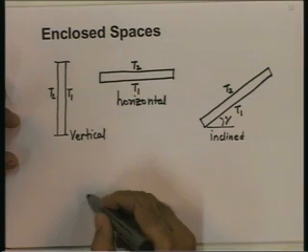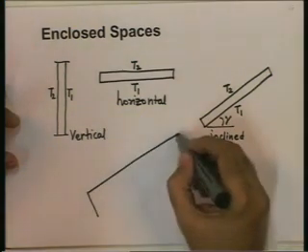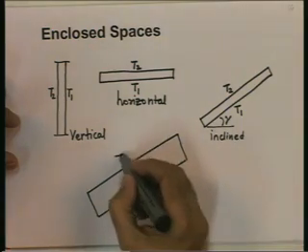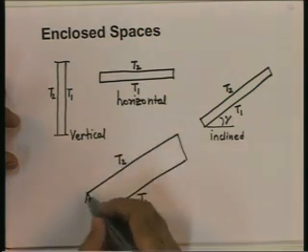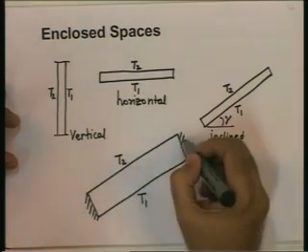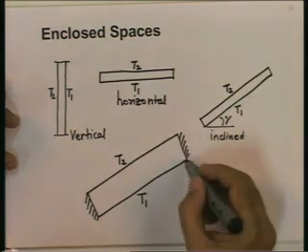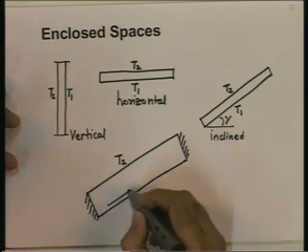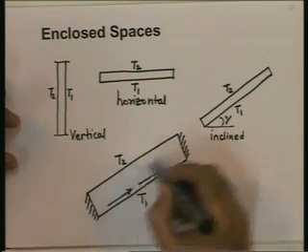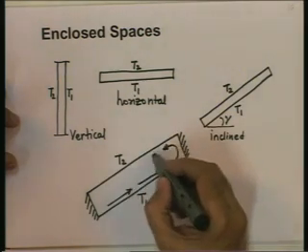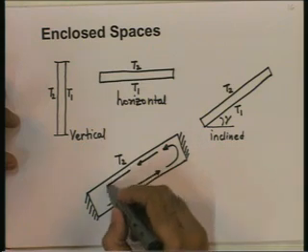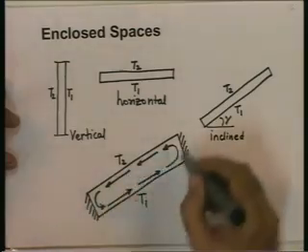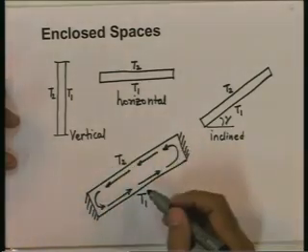For example, in a typical inclined cavity where we have T1 and T2 as the two surfaces, and the remaining two surfaces, the smaller ones, are assumed to be insulated, the flow along the hot surface will move up. It will take some sort of a U-turn near the edges, will move down along the cooled surface and complete a circuit. Some sort of a circulation pattern will be set up.